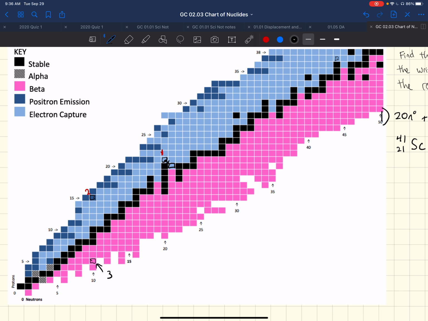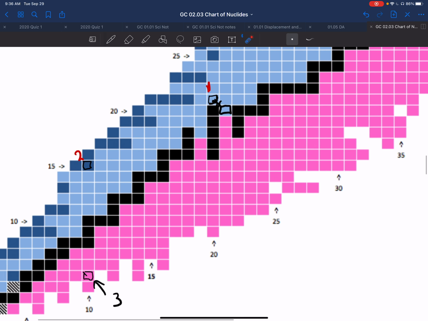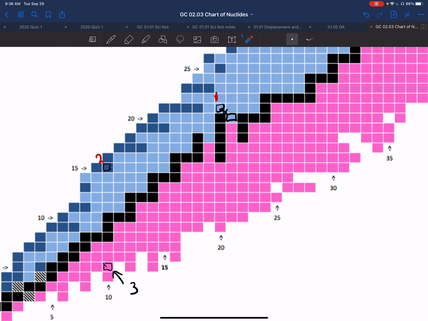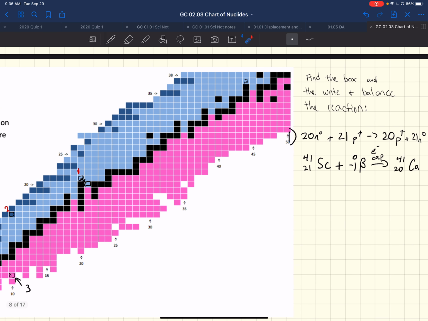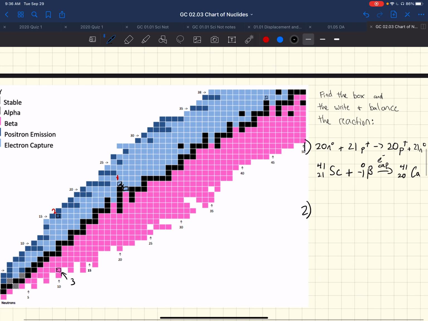So let's look at another example. Here's isotope number 2. Why don't you pause and see if you can figure out what the reaction is that's going to occur with number 2? See if you can write this reaction. So with number 2, I have 10 neutrons plus 15 protons.